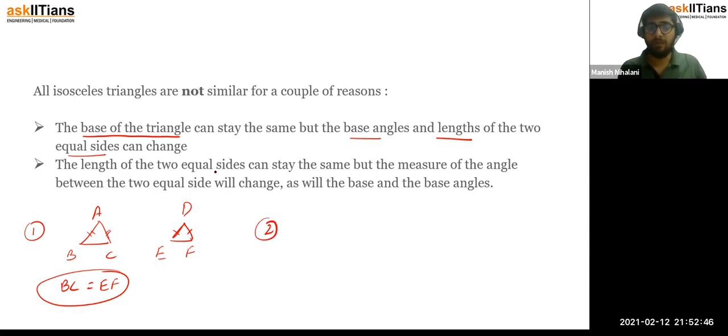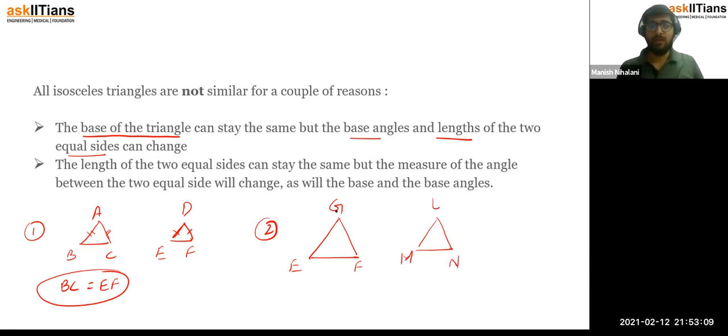The length of the two equal sides can stay the same, but the measure of angle between two equal sides will change, as will the base and the base angles, right? So this was for triangle GEF and triangle LMN.